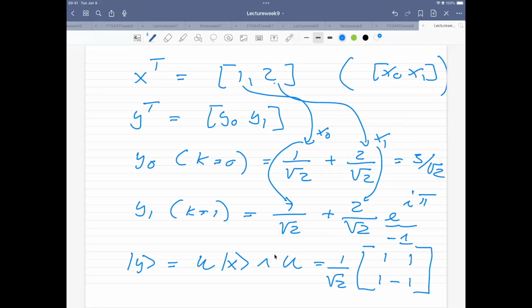So if you think quantum computing, what do we call this guy here? It has its own name, actually. That's a Hadamard.